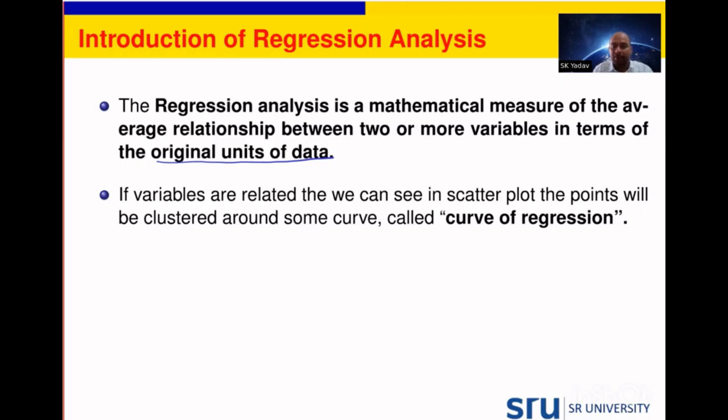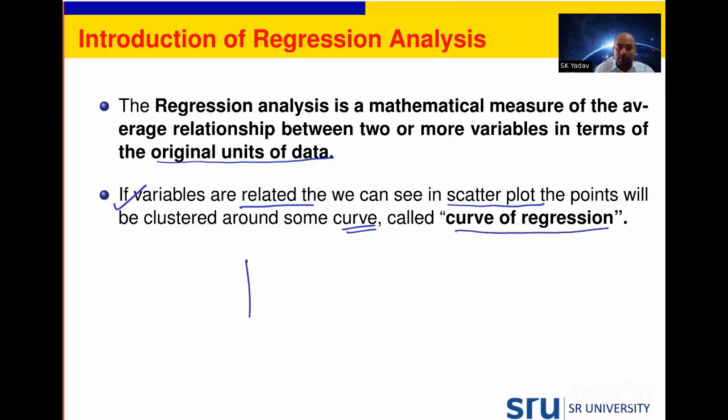If I have positive correlation between two variables x and y, I can fit a model that best fits the data. If variables are related, we can see via a scatter plot that points are clustered around some curve, and that curve is called the curve of regression.